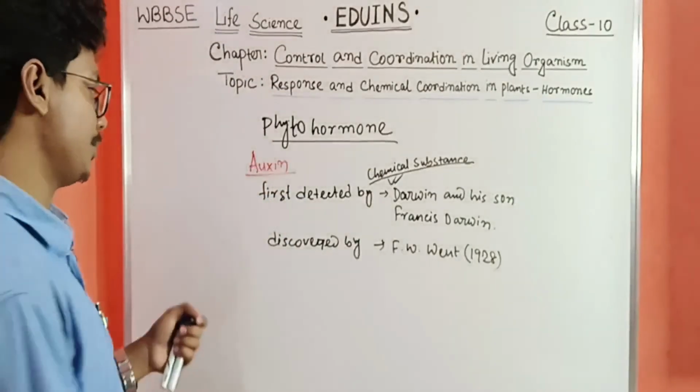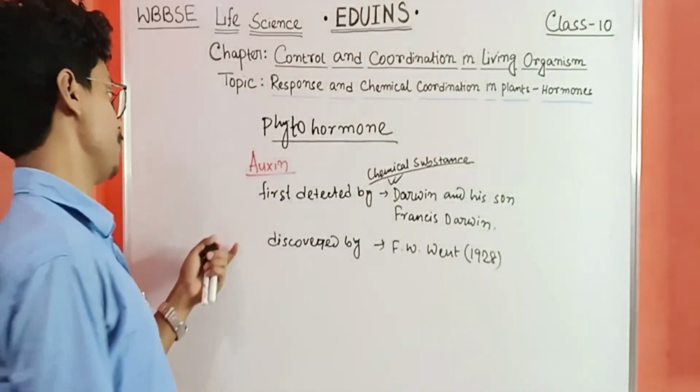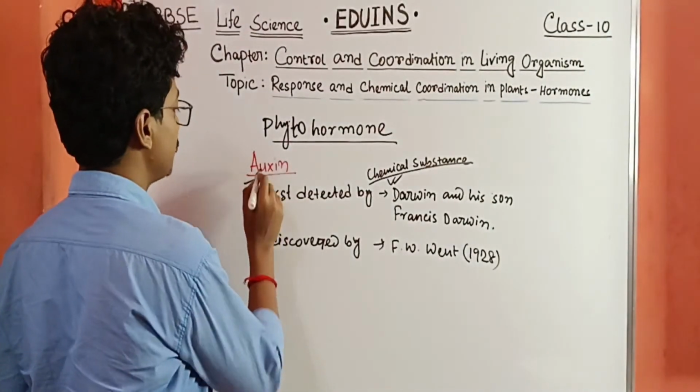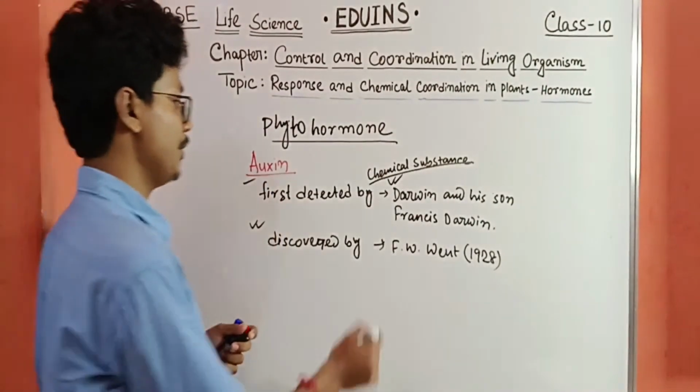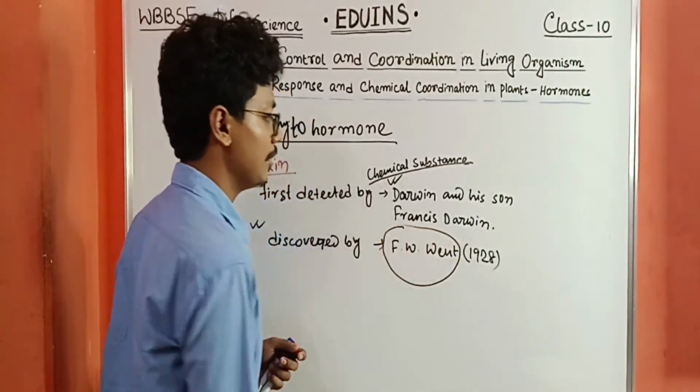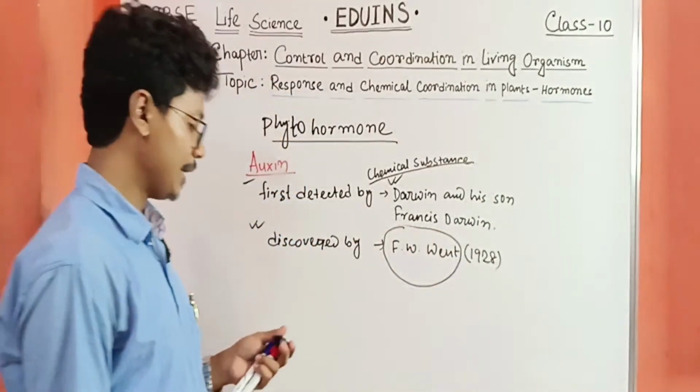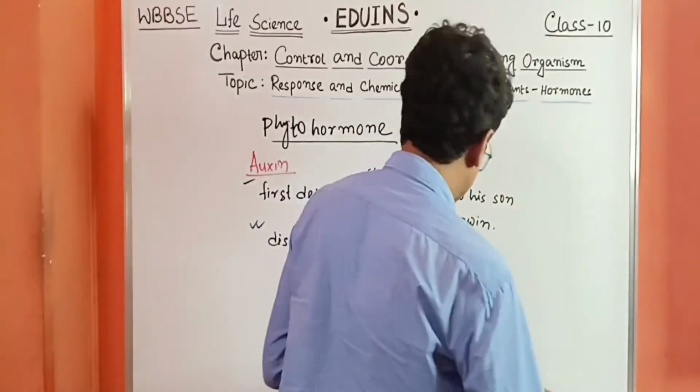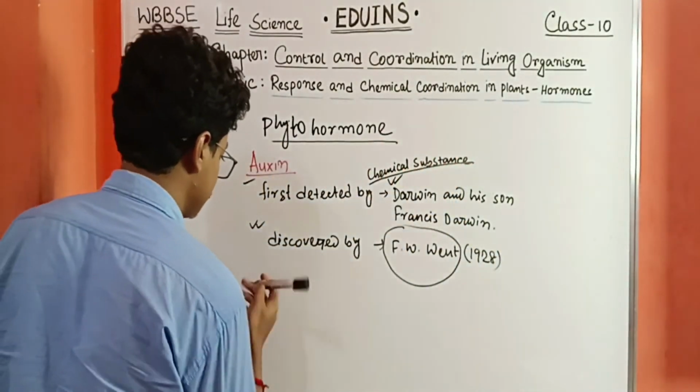If your exam question asks who first discovered auxin, your answer will be F.W. Went.